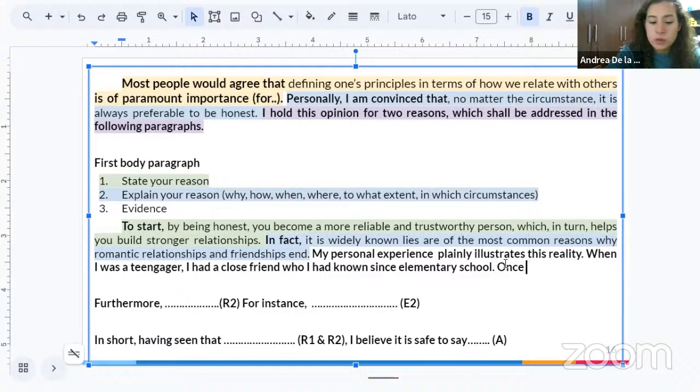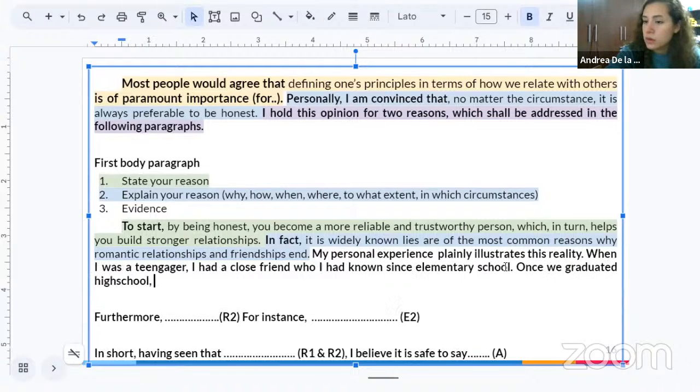Once we graduated high school, she started dating one of my brother's friends at the time.